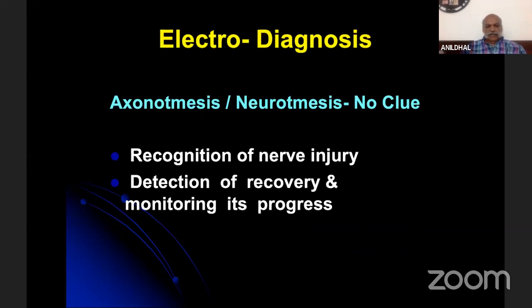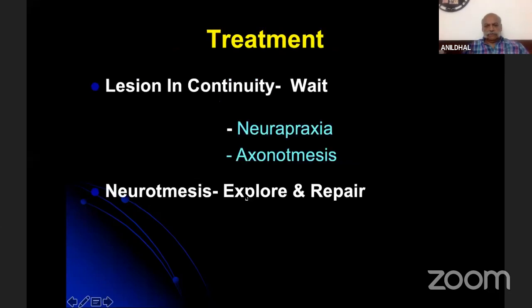The flip side is that electrodiagnosis does not have the ability to decipher axonotmesis, which is a lesion in continuity that can recover on its own, from neurotmesis, which will require repair. So that is the drawback, but it does help predominantly in recognition of the nerve injury, detection of recovery and monitoring its progress.